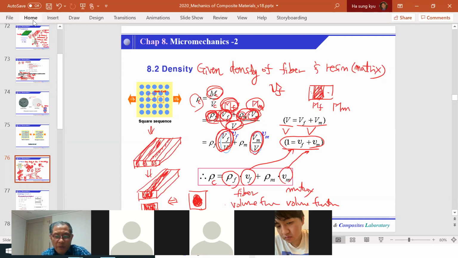So if we are given V_F such as 0.6, this will be rho_F V_F plus (1 minus V_F) times rho_M, and you can simply calculate the total density.